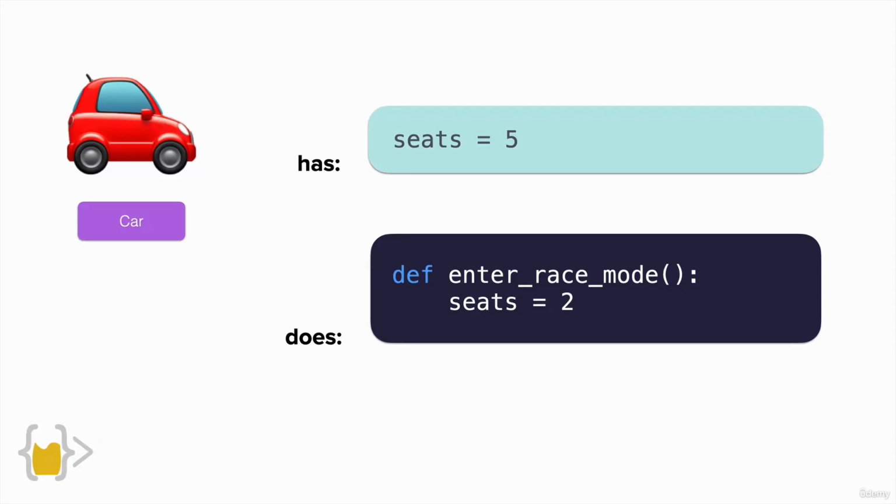In addition to creating attributes, we know that we can also create methods. The attributes are the things that the object has, and the methods are the things that the object does. Let's say that we were creating the car class and we've already created the seats attribute. Well, later on, we might decide that we want to call a method to change that seat attribute's value. So for example, I've been watching a lot of truck racing recently.